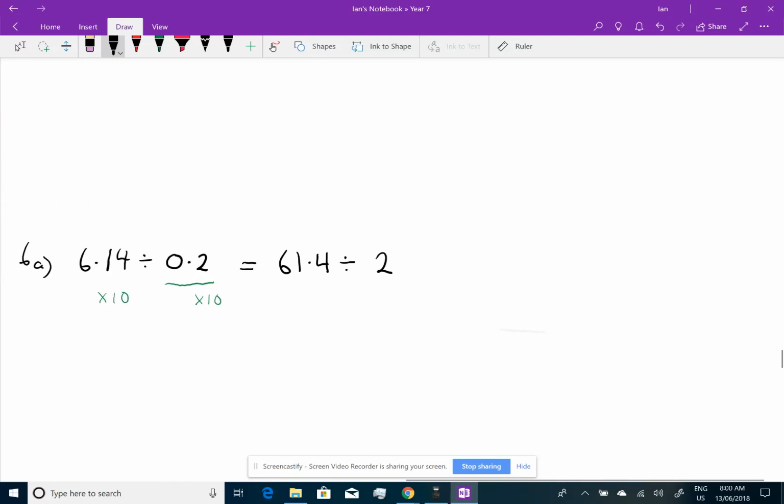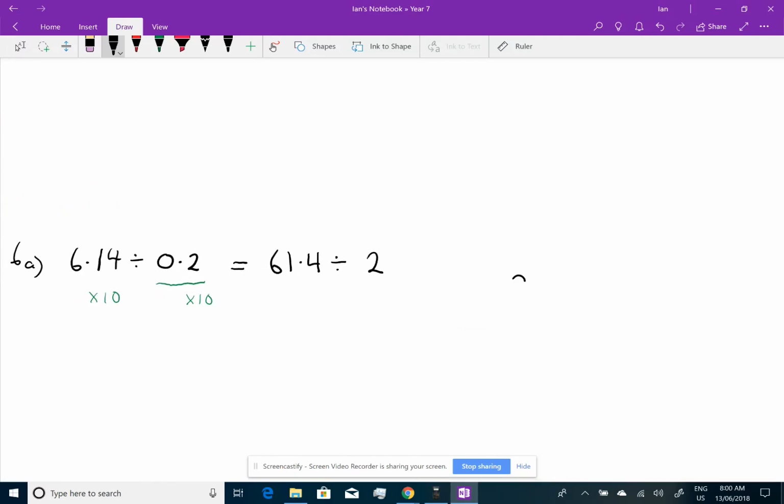And I can set up an algorithm for that. 2 into 61.4. Well, that's easy. 2 into 6, 3 times. 2 into 1 doesn't go, so I'll put a 0 and I carry the 1. Because I've set up an algorithm, I'm using place value, I put the decimal point in. 2 into 14 is 7.